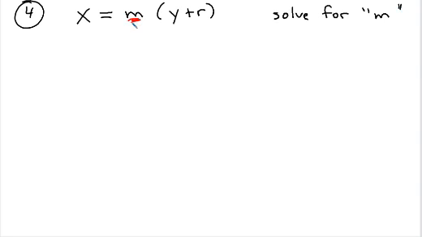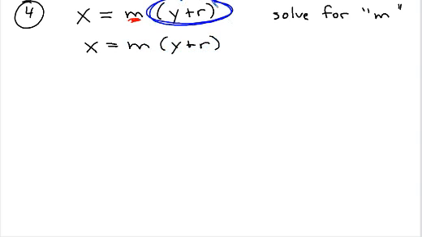For your notes, let's rewrite this problem, because I want to mark it up a little bit. What you have to understand is that this y plus r is a single quantity. It's acting like one item, because it's in parentheses.